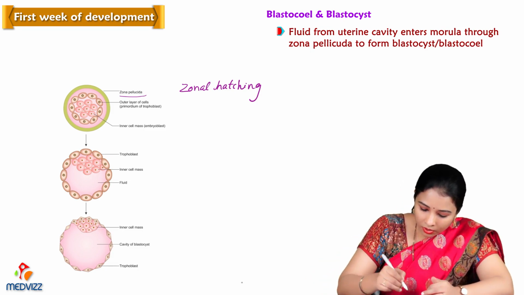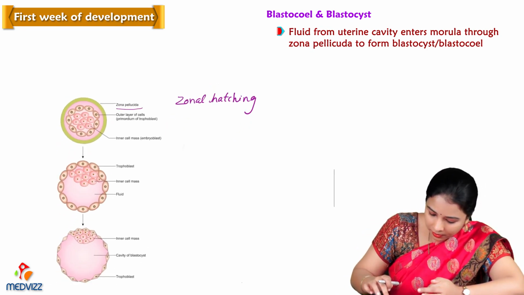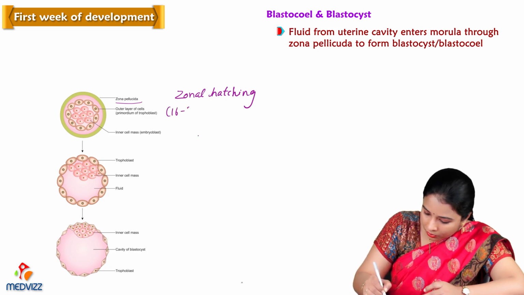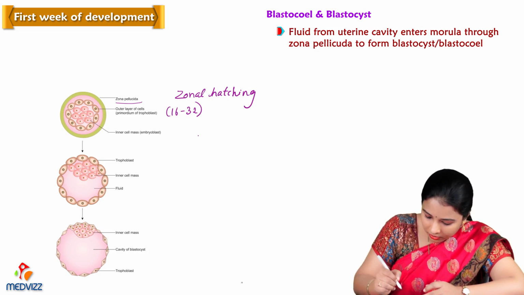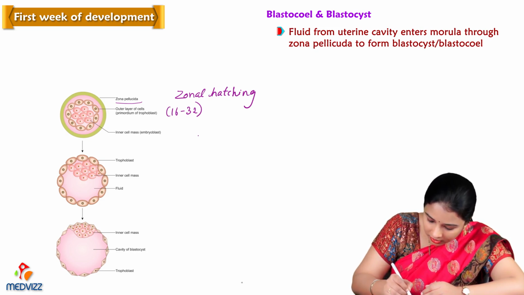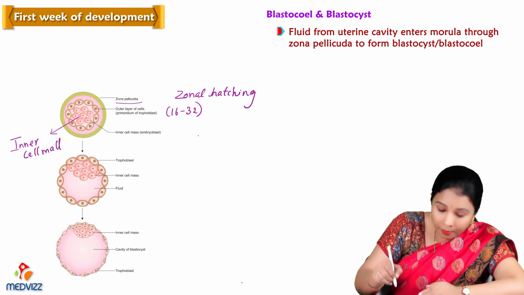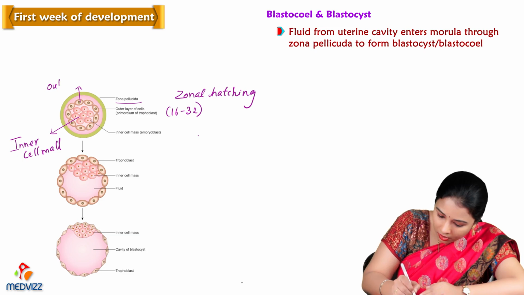Here in this 16 to 32 cell stage, the outer layer is the zona pellucida. The center cells are called the inner cell mass, and the peripheral outer cells are called the outer cell mass.